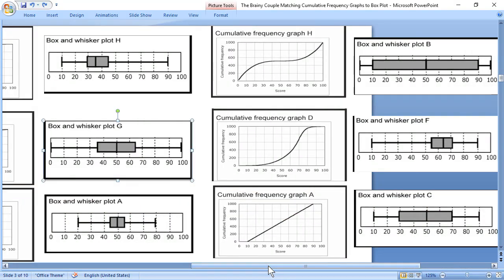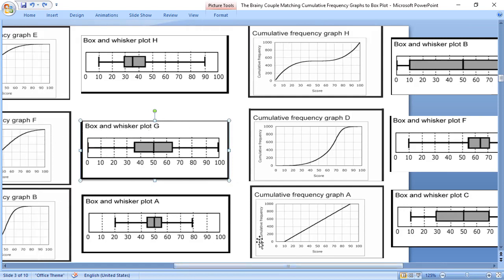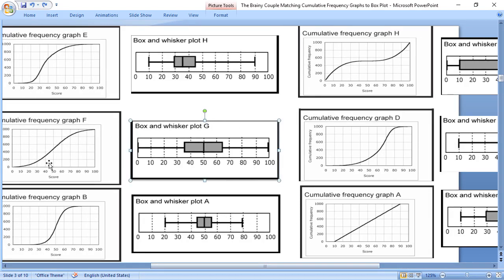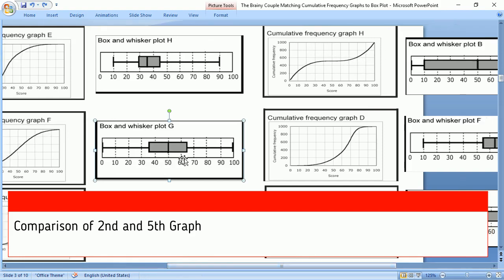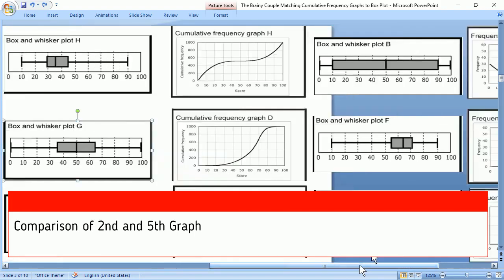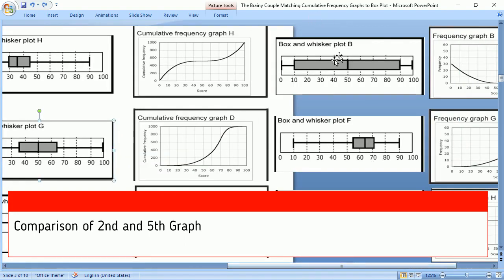But the so-called evenly and symmetrically spread out actually means it's quite an extreme case. If you compare this one with this one, you can see that they are the opposite: this one is bent down in this way, but this one is bent up in this way.